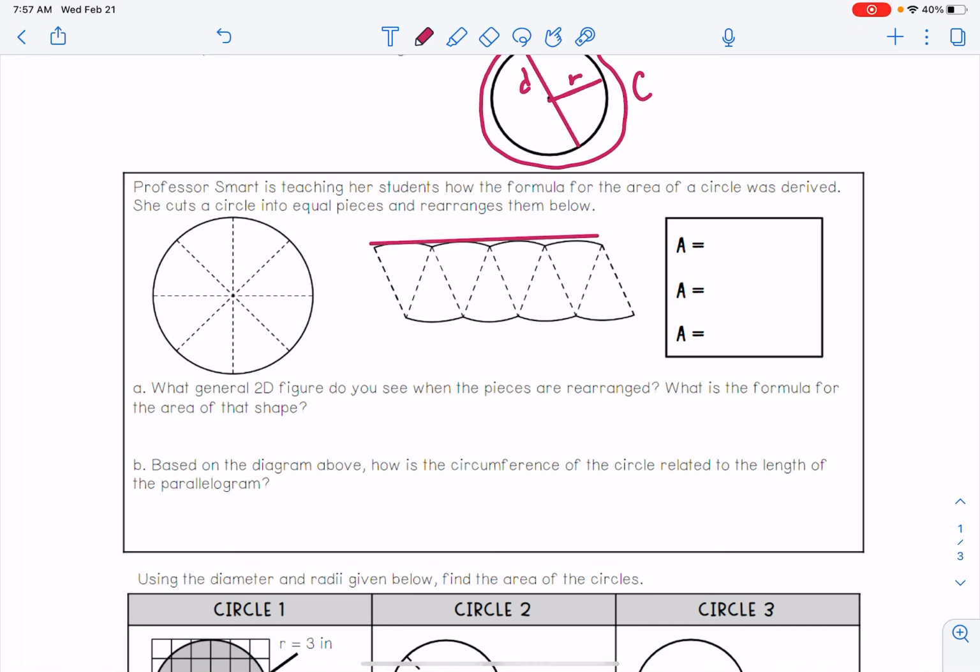I'm drawing in my lines here. We've talked about this shape already. It is a type of quadrilateral. It is a parallelogram. And the formula for the parallelogram is area equals base times height.